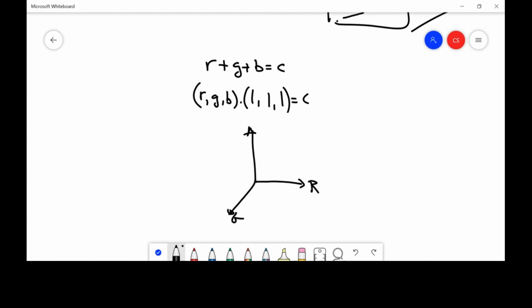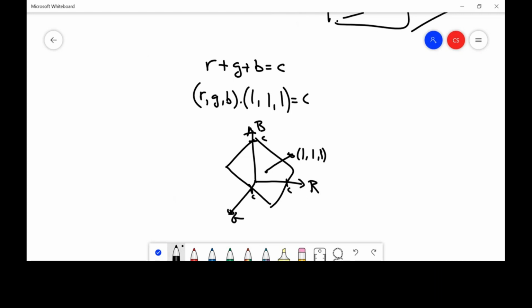It is a plane such that the normal of that plane is (1, 1, 1), and it cuts the axes at a distance C. I'm very bad at drawing, but I think you get the idea. So you cut at points C in each one of the axes, and the perpendicular to the plane is (1, 1, 1).